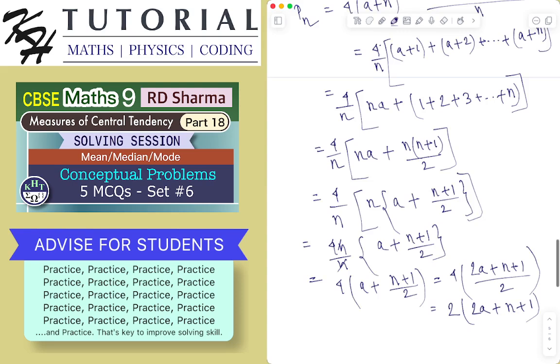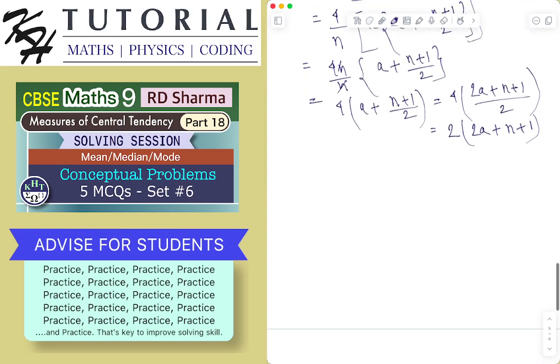Now regarding the summation operator, please note you must have a clear understanding of some results regarding the summation operator. Let's say p is some variable. Summation of p i, i is 1 to k. What does this mean? This means p1 plus p2 plus p3 up to pk, because i is ranging from 1 to k.